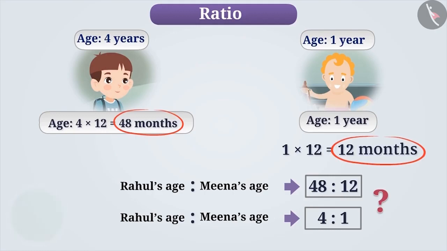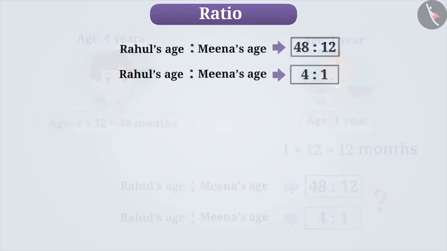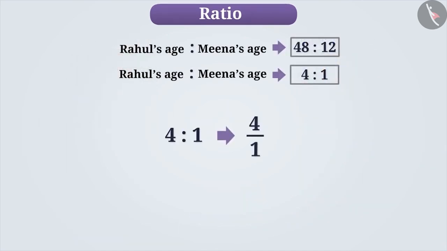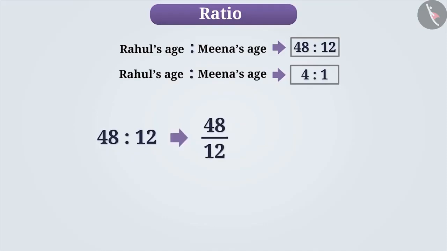Let me tell you, for your information, we can represent any ratio in the form of fraction and any fraction in the form of ratio. Therefore, we can write 48:12 as 48/12. You already know that we can get equivalent ratio by multiplying or dividing the numerator and denominator by the same number.